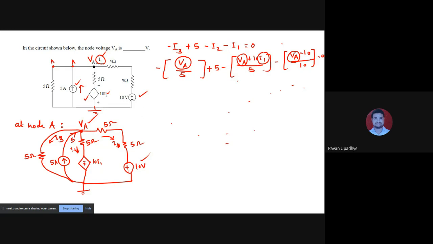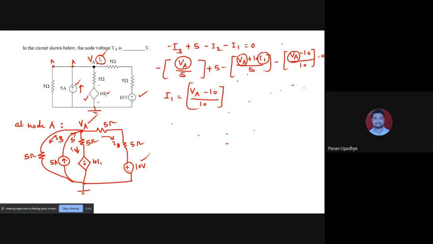I1 is, yes, I1 is mentioned as current moving from A towards 5 ohm. So I1 is simply in this case VA minus 10 upon 10. So instead of this I1, we have to substitute the value VA minus 10 upon 10.